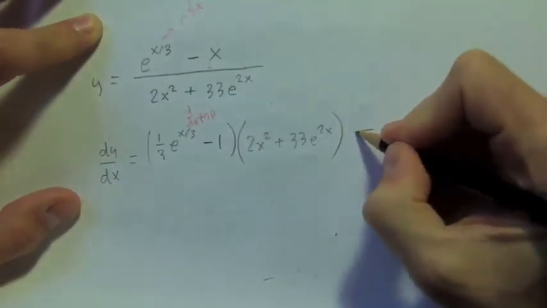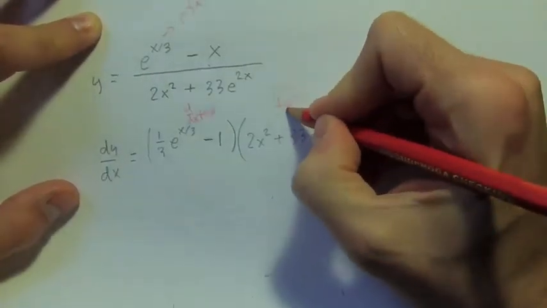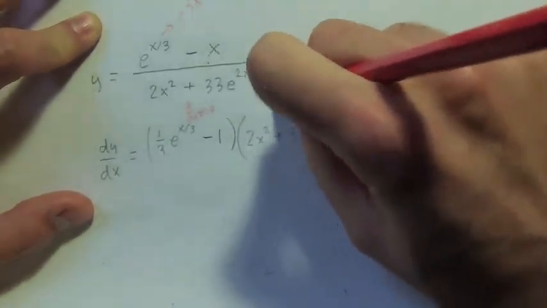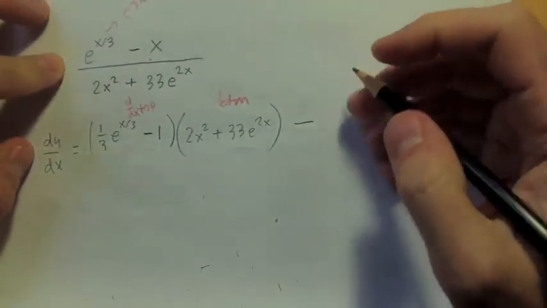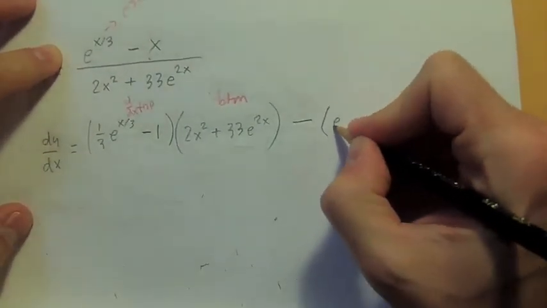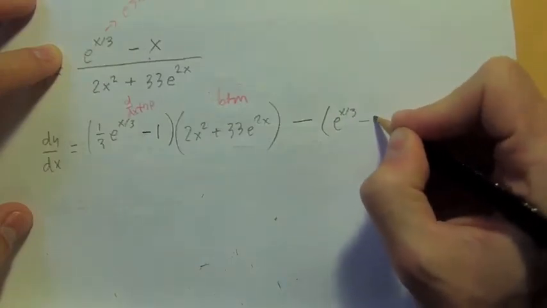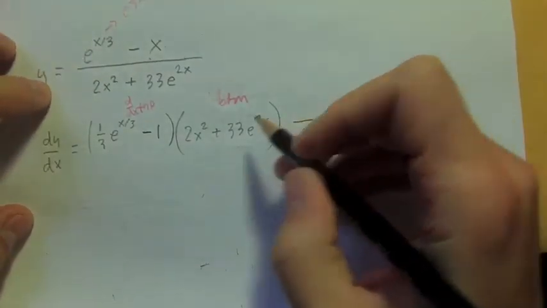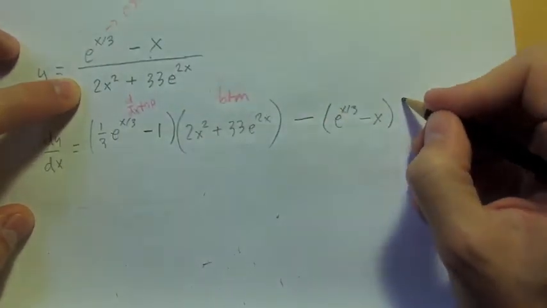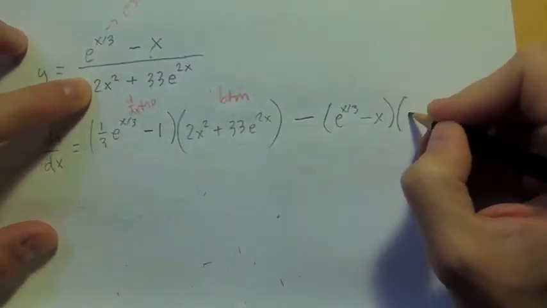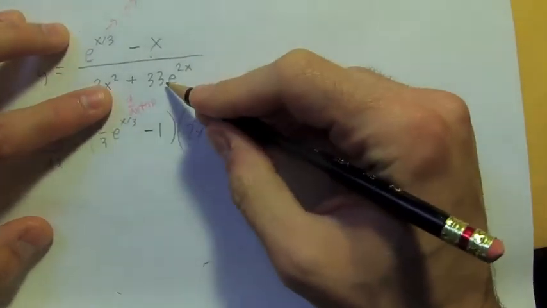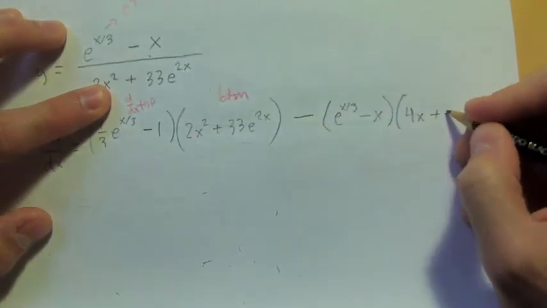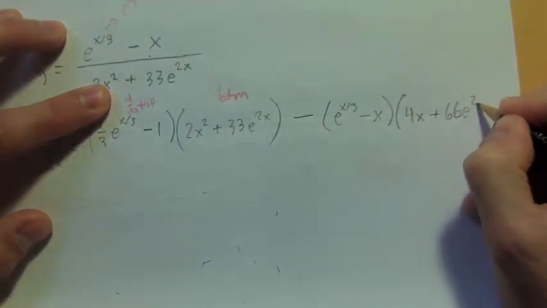Minus, here's the top, or excuse me, the bottom left alone. Minus, the top left alone, so e to the x over 3 minus x, then times the derivative of the bottom, so that would be 4x plus, then 33e to the 2x, that would be 66e to the 2x.